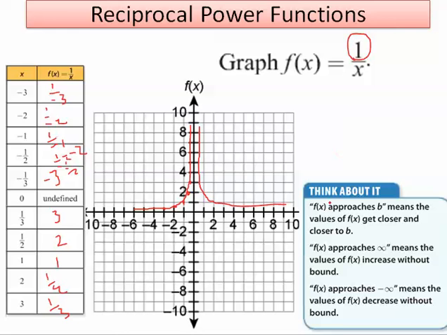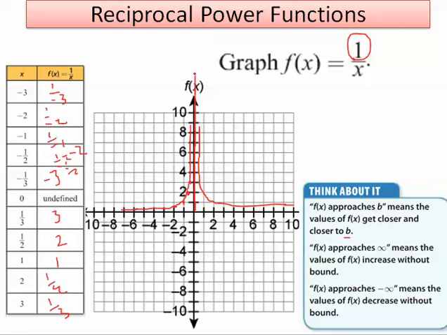As x approaches 0, the values of f of x increase without bound. So as we're going this way, they're getting smaller and smaller, closer and closer to 0. And as it approaches negative infinity, it's getting closer and closer to 0 this way. But this one here, it's getting closer and closer to this y-axis here, isn't it? It's getting closer and closer to 0 this way, too.